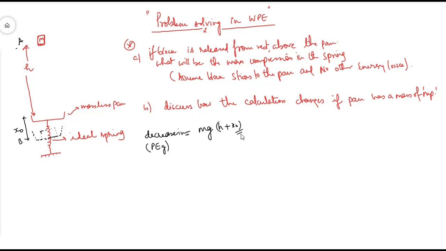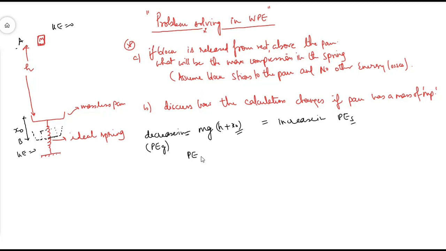At point A, KE is 0. When the maximum compression happens, again KE is 0. So there is no change in kinetic energy, and no part of the energy goes into kinetic energy. It's just getting converted from gravitational PE to spring PE. So this decrease in gravitational PE has to be equal to the increase in spring potential energy.